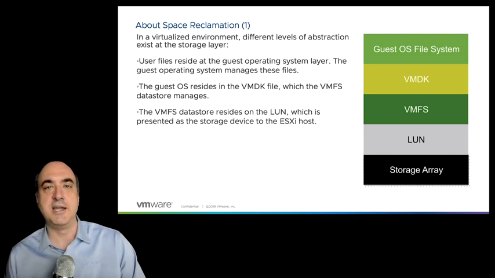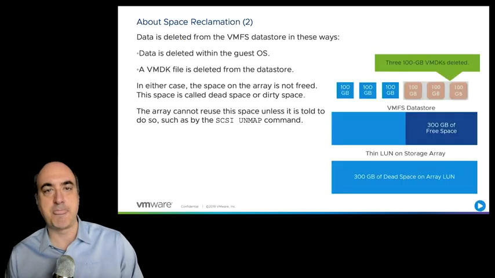The thing here is that if a file gets deleted at a higher level, it may not automatically get deleted at a lower level. This is even more prevalent when you think about big files like virtual disks that might be hundreds of gigabytes in size, right? If you delete a file from the VMFS, will that automatically get the space reclaimed at a lower level?